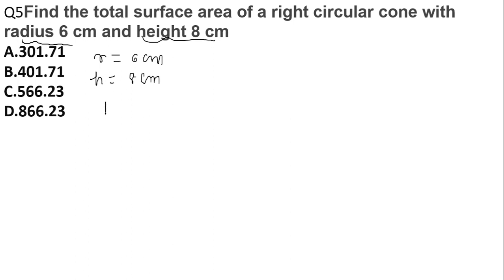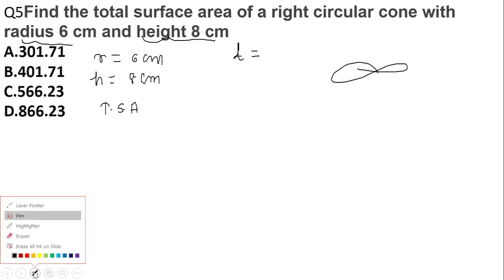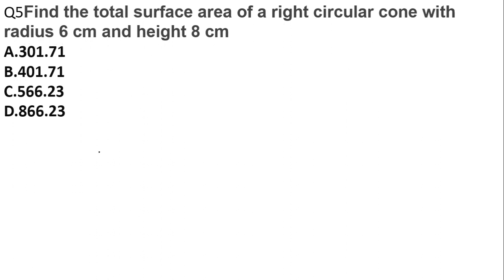They have asked us to find the total surface area of the cone. First, we are going to find the value of L, the slant height.